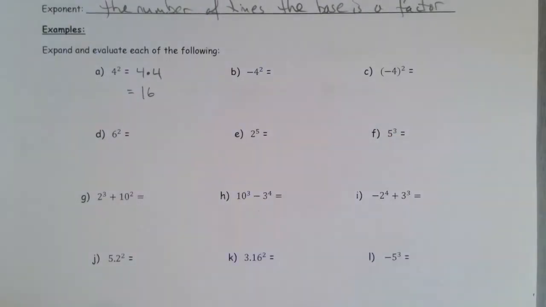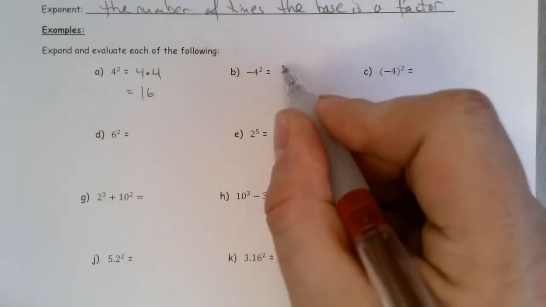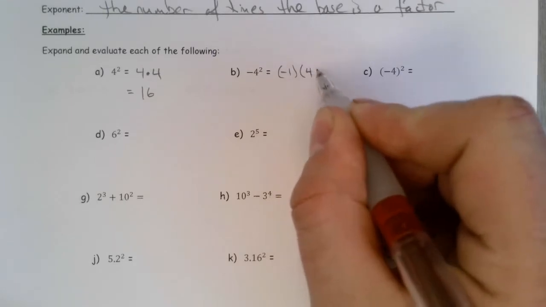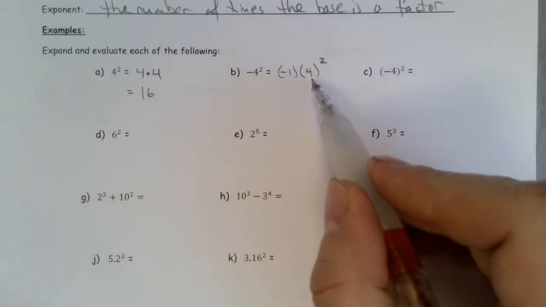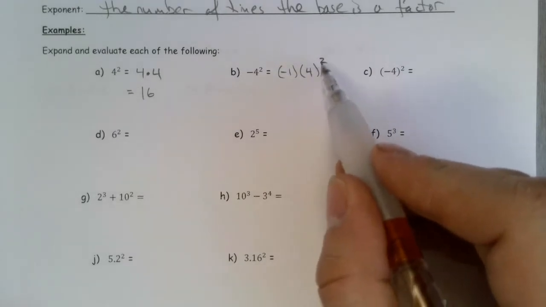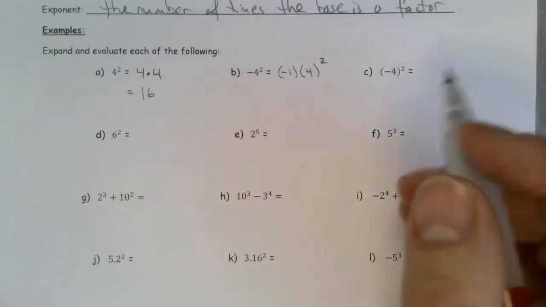Well, if you think that the negative in front of the number typically could be written as a negative 1 multiplied by, then you could think of this as negative 1 multiplied by 4 squared. Now, after doing that separation, notice it's just the 4 that is the base of the 2.